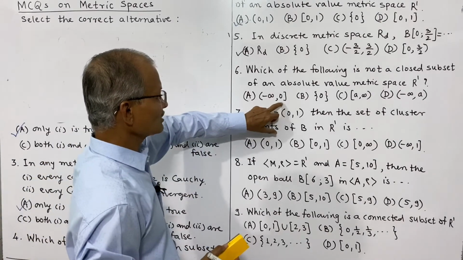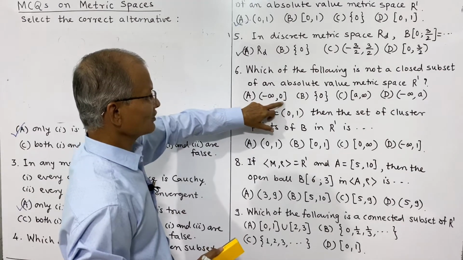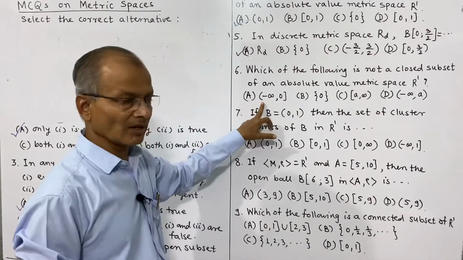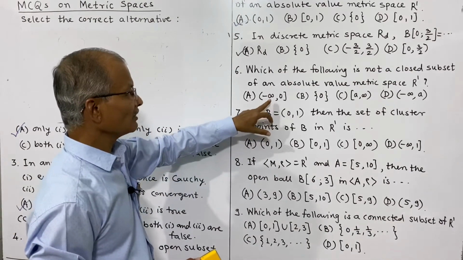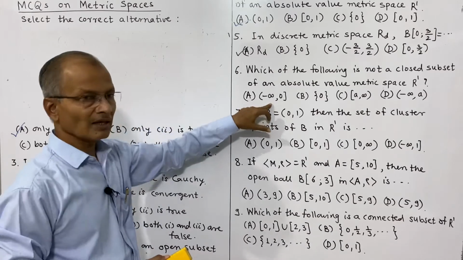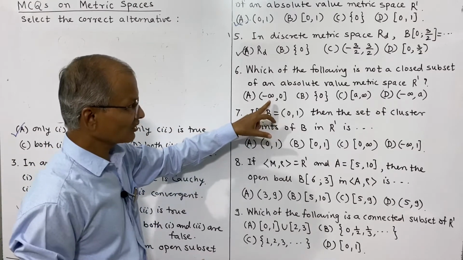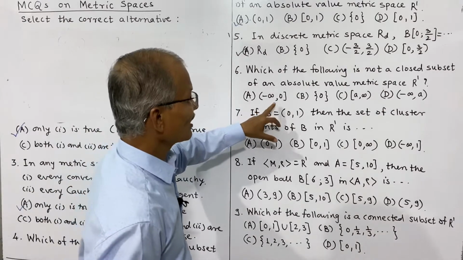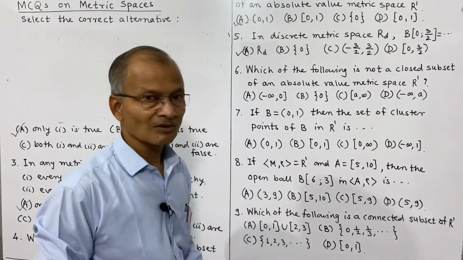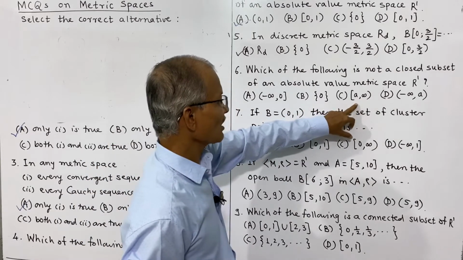Now this is closed at 0 end, and that means this contains 0 and negative real numbers. So if you consider any sequence of points in this set, then its limit will be again in the same set, and therefore this is closed. Singleton sets are always closed, so this is also closed, and this is of the same type.